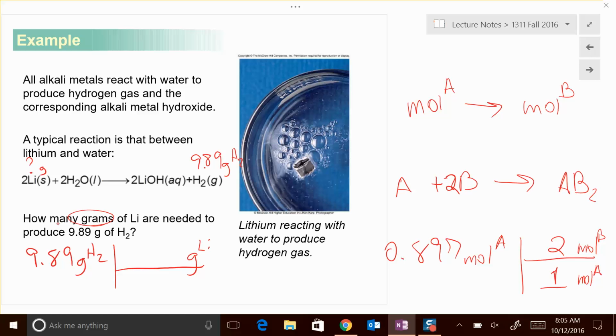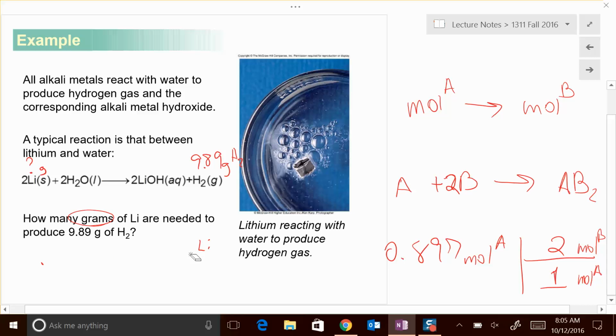So, what is the first step? 9.89 grams of hydrogen, and I'm going to convert it to moles of hydrogen. Now that it's in moles of hydrogen, I can convert to the moles of lithium.